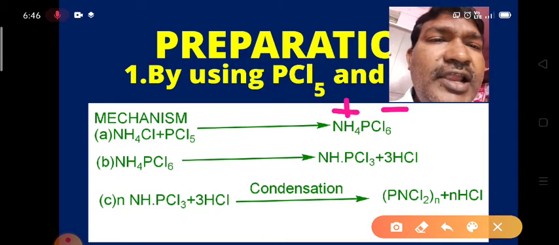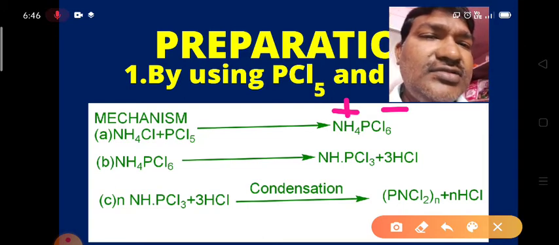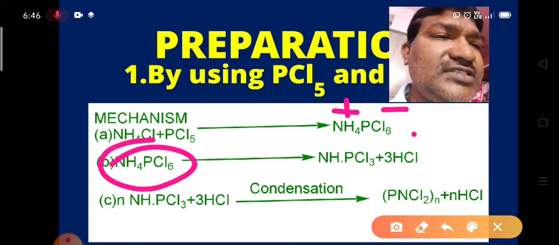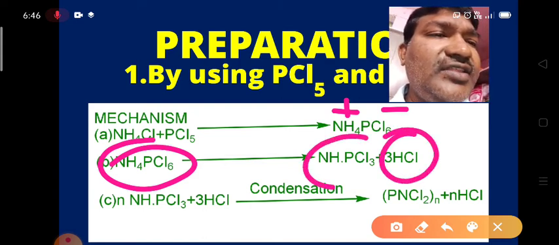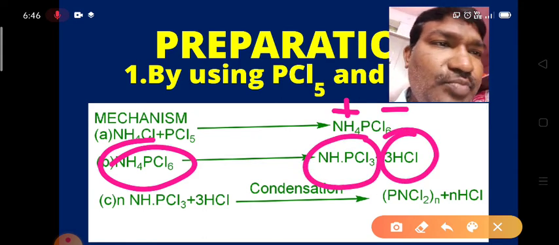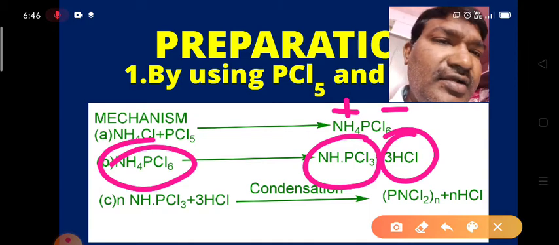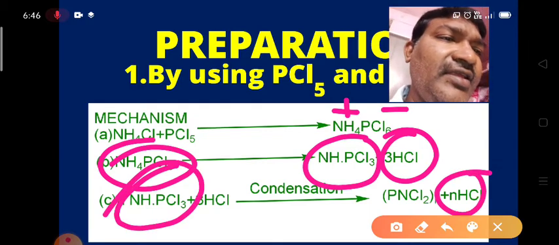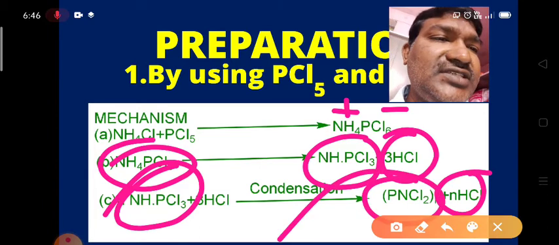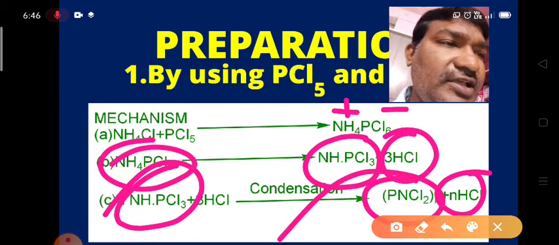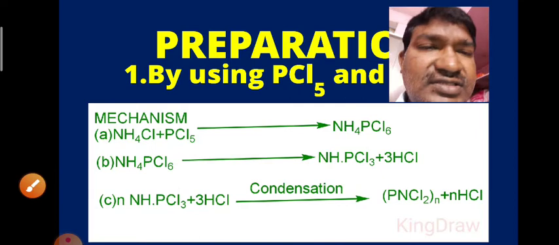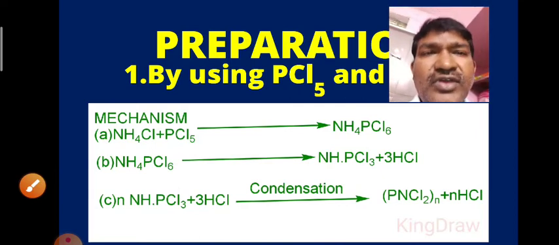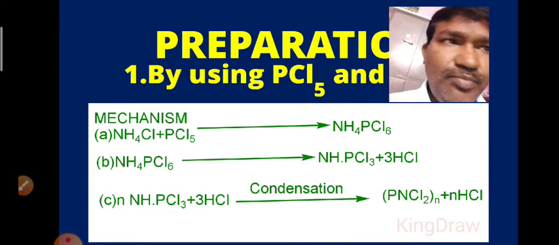Later on this intermediate loses three HCl molecules, and we get this NPCl3H compound. Later on this one loses HCl again, and we get the (PNCl2) polymers. So these are the three steps involved in the formation of (PNCl2)n.